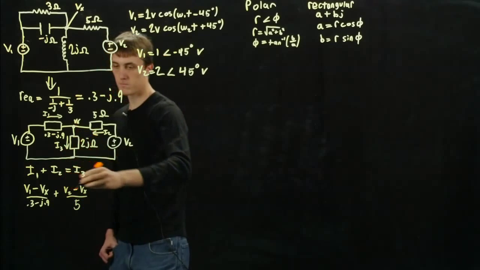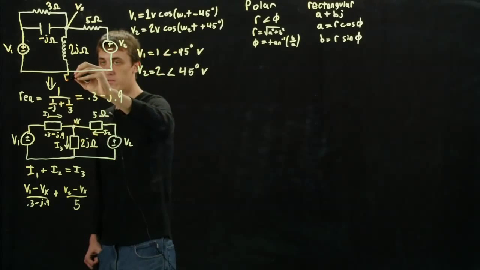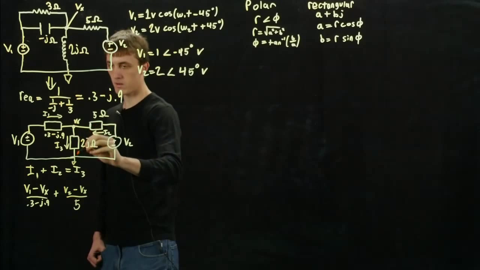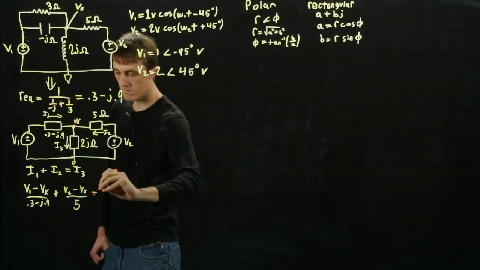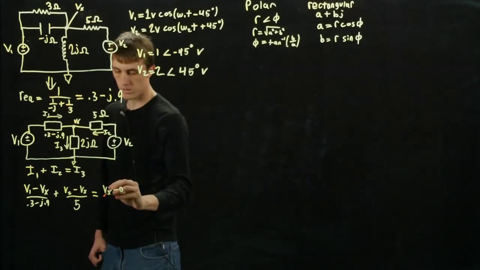And the final voltage, Vx, we should denote this as ground. So with the ground being 0, Vx minus 0 all over 2J.